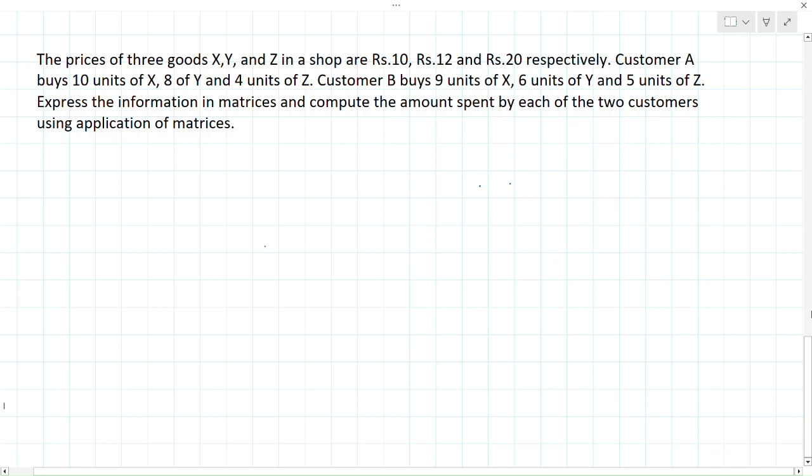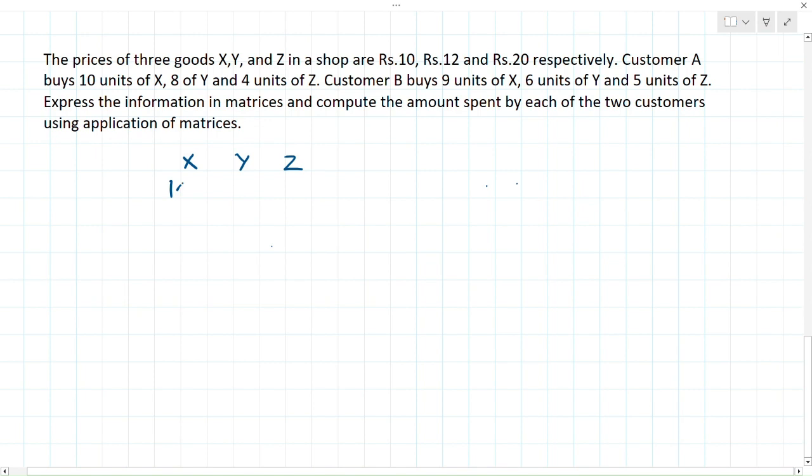This is a simple matrix application based question where the prices of three commodities are given to you, that is 10, 12 and 20.